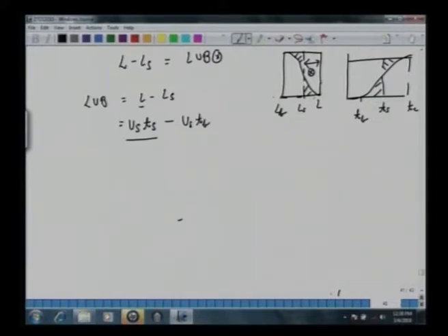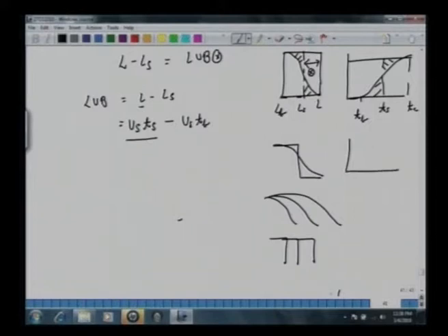So let's try to understand this again. The wave we have drawn like this. Ideally, the wave would have been like this. This is the wave, it moves in the bed. Stoichiometrically, this should have moved like a snapshot. Similarly, the breakthrough profile is like this, it moves like this in the bed. Ideally, it would have moved like step functions.